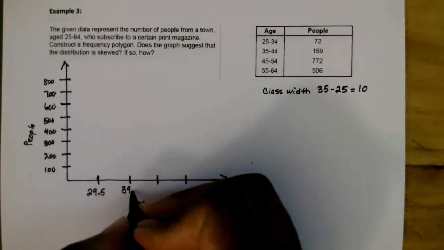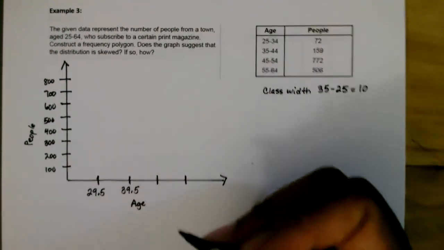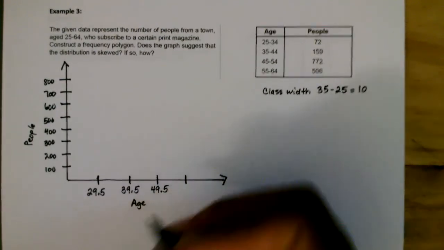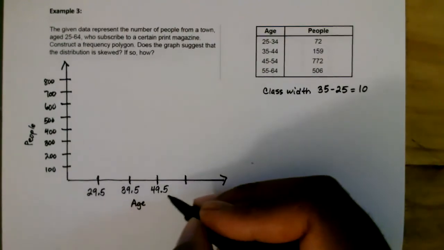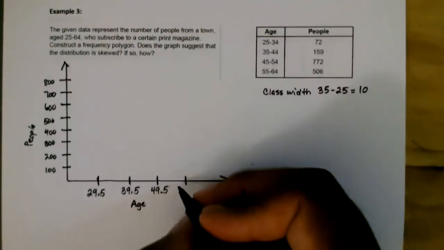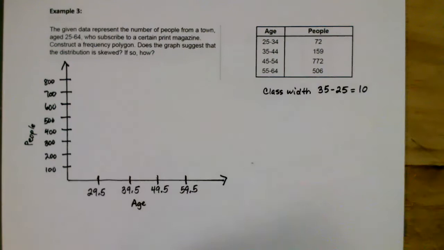That's 39.5. And add 10 to the 39.5 to get the next class midpoint. That'd be 49.5. And then add 10 to the 49.5 to get the next class midpoint. It'll be 59.5. Okay, so that's my axes.